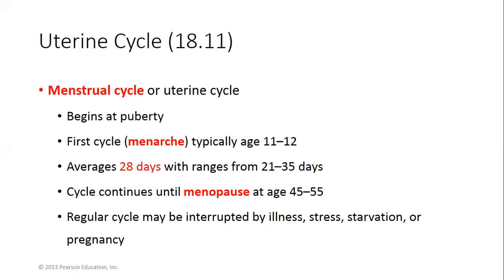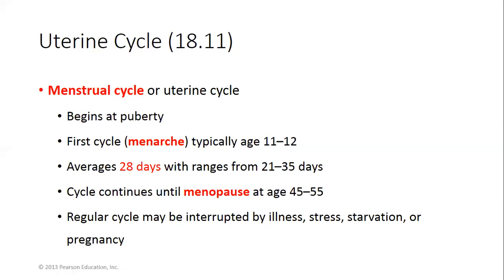I have heard of some individuals having their first menstrual cycle at 9 and 10 years old, which is really young. The average is about 28 days for one menstrual cycle, but a range from 21 to 35 days is considered normal. That range can vary quite greatly from person to person, and also within the same person from month to month.